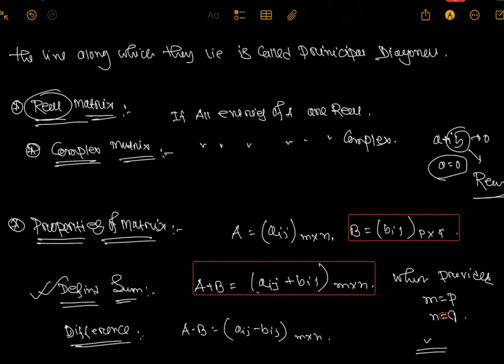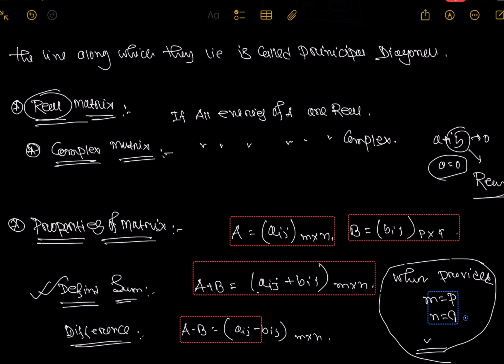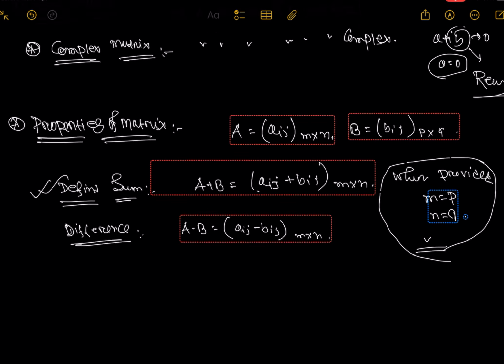The given criteria is the same. If this criteria holds, then the sum and also the difference exist. Next, scalar multiplication.